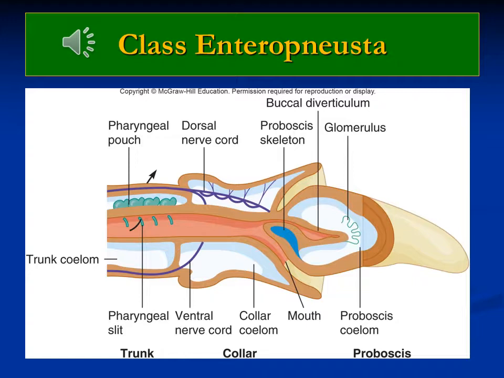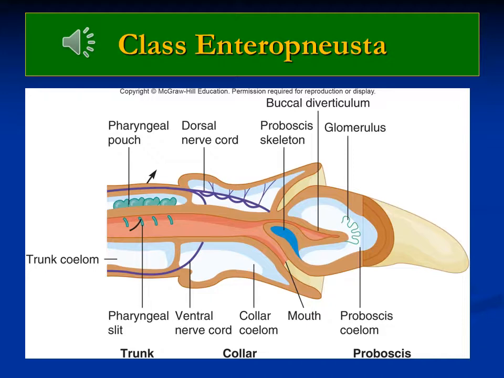So in this slide you can see the tripartite body cavity, and the tripartite body cavity again is enterocoelous. A lot of the deuterostomes have enterocoelous coelom formation, but it's not the case for the chordates. I'm sorry, it's not the case for the vertebrates.